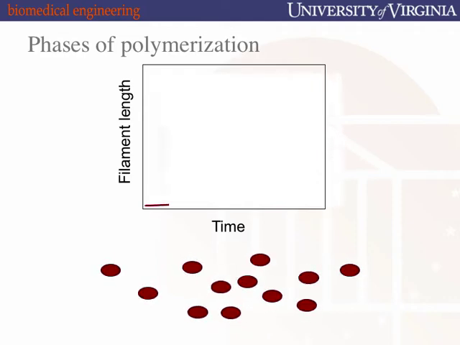All right, so here we have our solution of monomers, and the first step is what we call nucleation. This is the rate-limiting step. Nucleation is when I go from a solution of all monomers to a nascent polymer being formed, right? The dimerization, the trimerization of 2 and 3 monomers, right? So we're starting to just build a polymer structure.